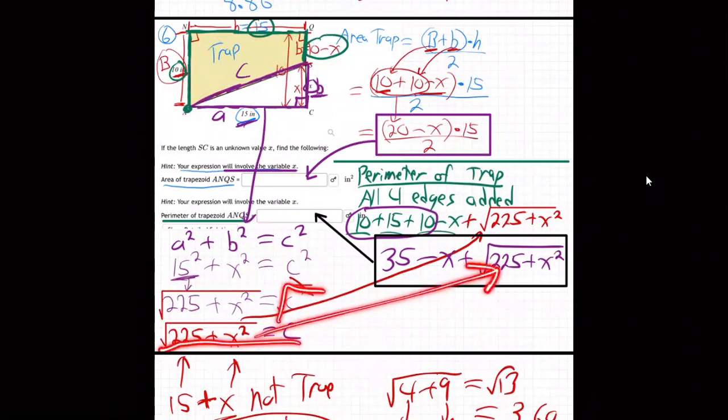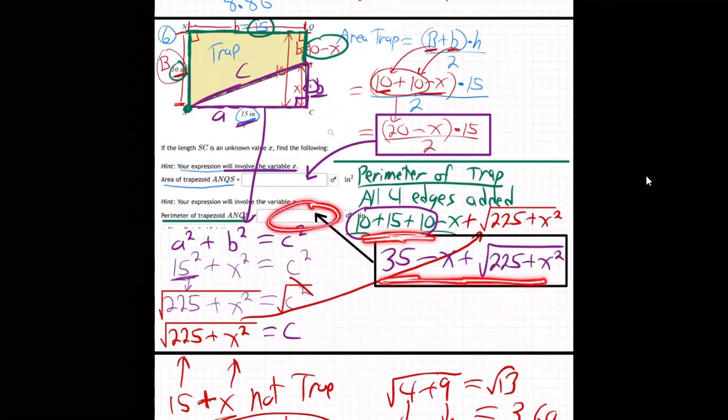And then you have to leave the square root on it. You can't square root those items when you have adding or subtracting. And then I simplify, add the numbers up. 35 minus x plus the square root of 225 plus x squared. That's what we type into the box. So that's pretty tricky. There we go.